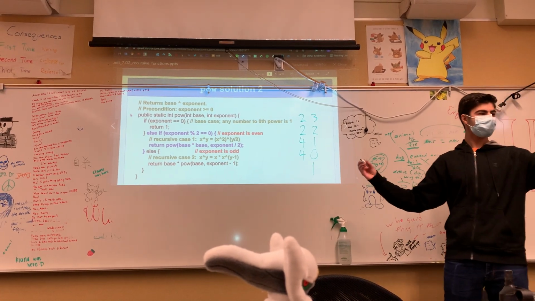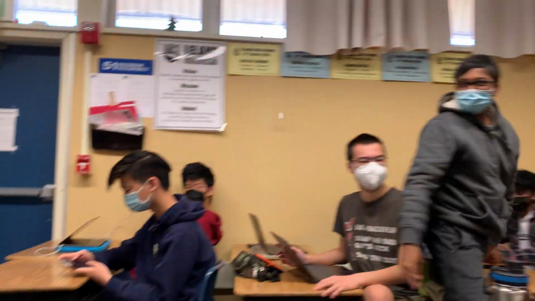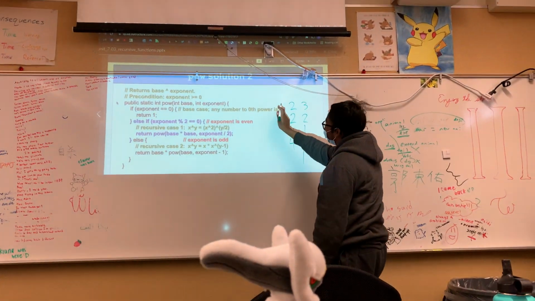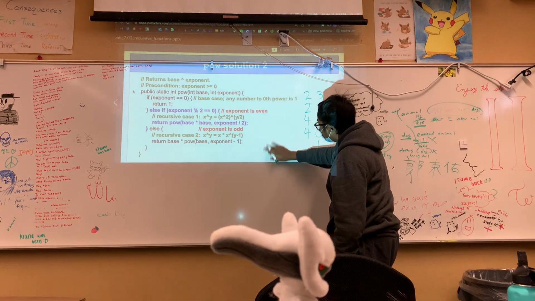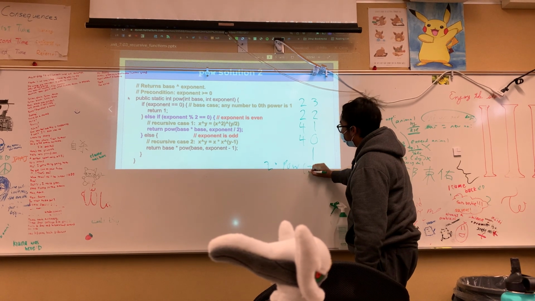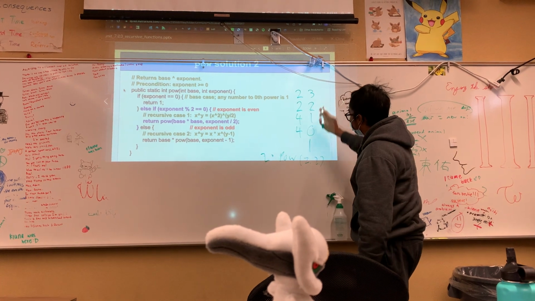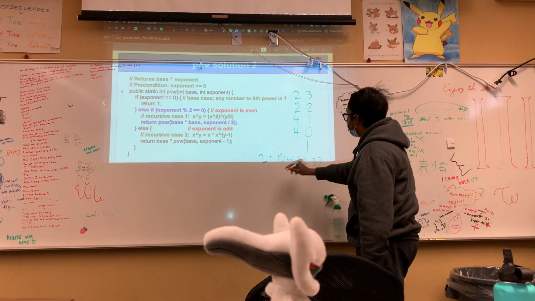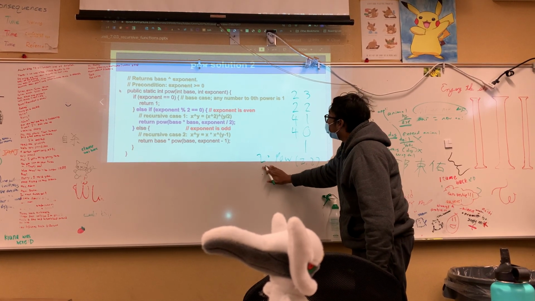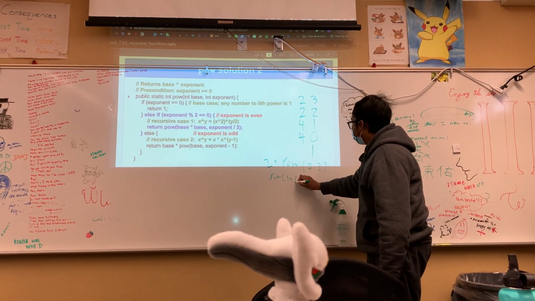Let him draw it. We have to start here, right? So it's 2 times the power of base 2 and exponent 1. So this is what this is going to return. Then we need to find this. That one returned 2 times 2. That will return the power of 4, 1.